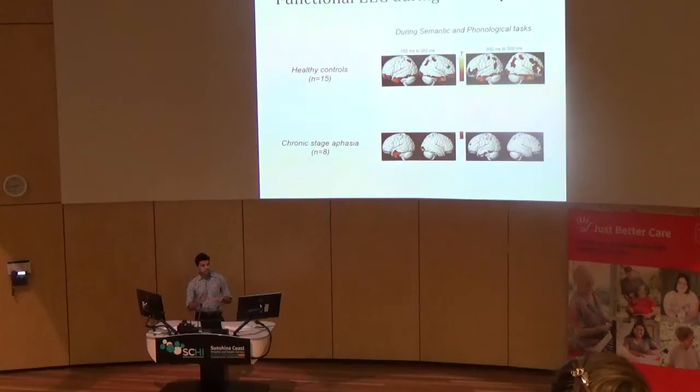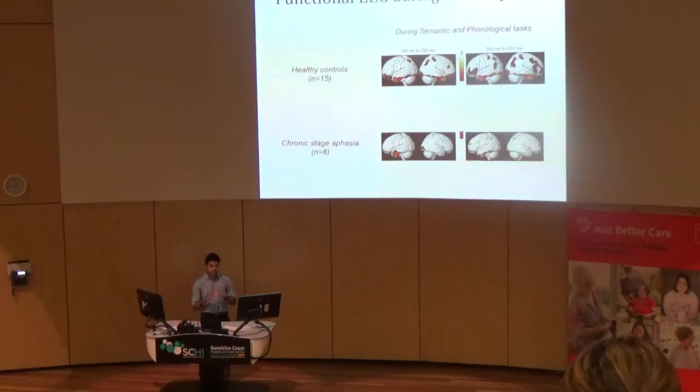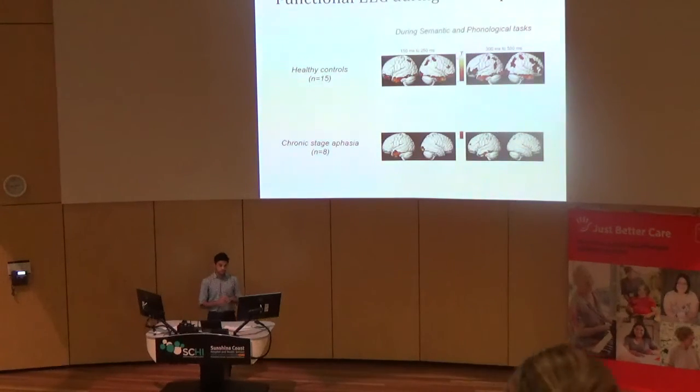The first result from our study was to look at how people were responding to tasks. We first established how healthy controls were performing on this semantic and phonological task paradigm, and we looked at two time windows associated with those tasks. We can see some very clear activations on both sides of the brain: left hemisphere areas associated with language, and also right hemisphere areas.